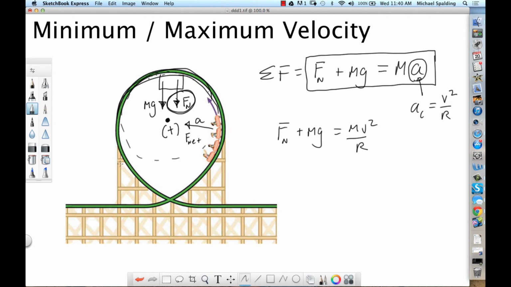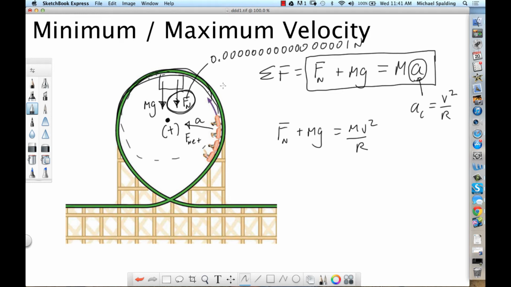Softer. The normal force gets smaller, until finally the car goes through so slow that the normal force is equal to 0.0000000000000. Stop right there. Okay, good enough. So the normal force gets super teensy weensy, very, very small. You guys know what I'm saying?